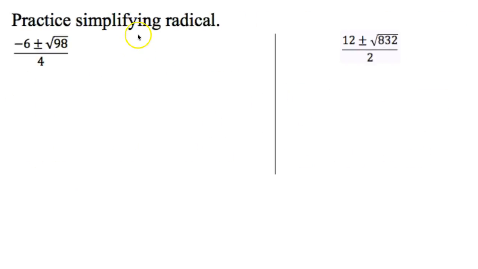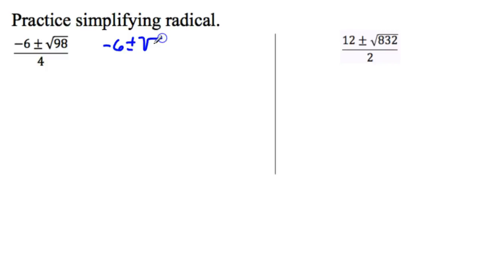All right, now I want to simplify these. I want to leave it as a radical. You remember a couple lessons ago, I used to hook you up with some radicals. Simplify. Those were great times. We're going to do it again. So I'm looking here, this radical 98. I want to simplify that. So I'm going to write negative 6 plus or minus. I know this is 49 times 2.